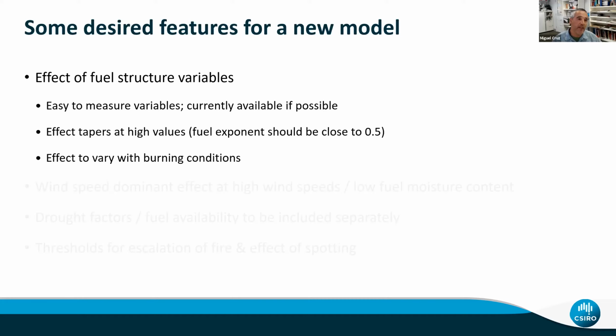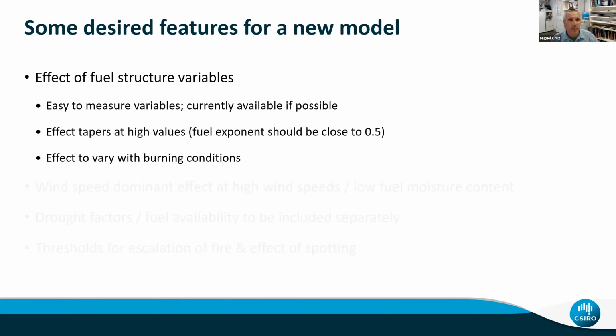And you keep adding fuel, and it's less fuel that's going to be consumed in flaming combustion. So we want something that has this effect of really, as fuel load increases to very high values, the effect of fuel load on rates of spread is going to decrease in magnitude.